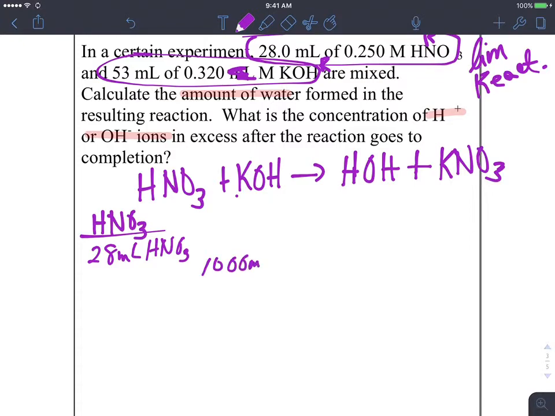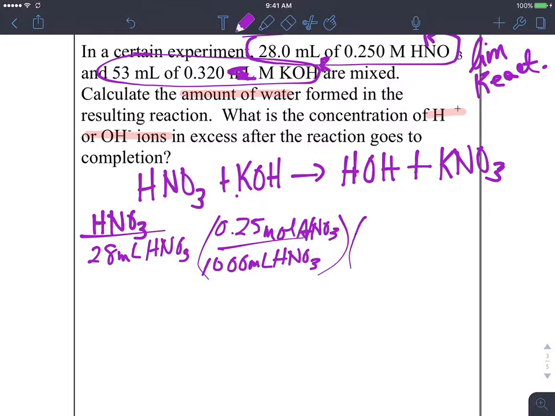For every 1,000 milliliters of HNO3, we get 0.25 moles of HNO3. Then using our mole to mole ratio, for every mole of HNO3, we're going to get 1 mole of water.